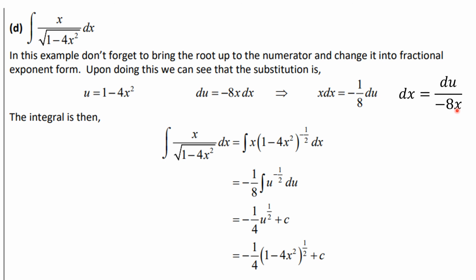That means magic happens, and I will pull the −1/8 through the integral, and I will have the integral of u^(−1/2) du. I add 1 to the exponent, divide by the new exponent, and do the calculation. I get −1/4 u^(1/2) plus c, and I put what u is in terms of x, and I am finished with the problem.